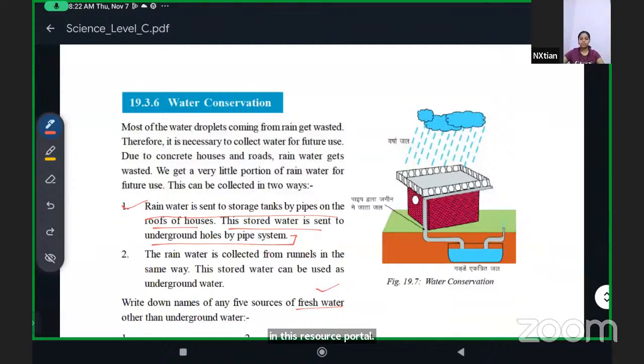Ma'am, is tanker water also rainwater? Tanker water is not rainwater, right? Tanker water is not rainwater all the time. Underground, I think it's bore well. Yes, it's underground, it's tube well. Okay, tanker water is not rainwater.